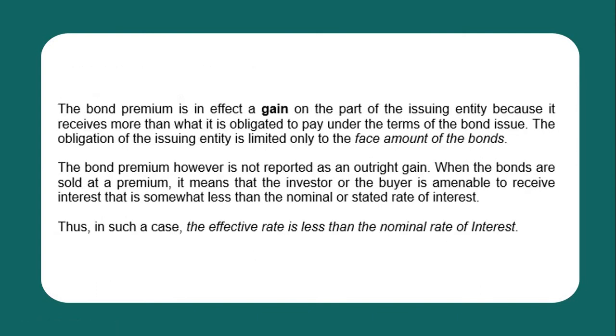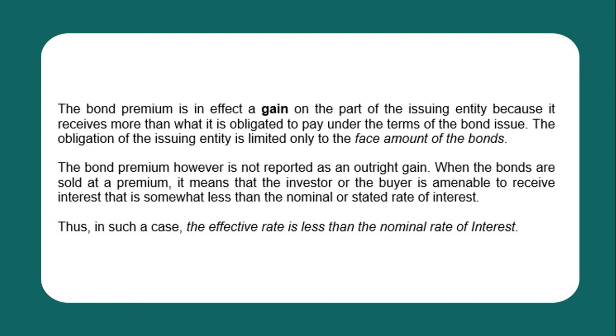Now, what is the nature of the premium? The bond premium is in effect a gain on the part of the issuing entity because it receives more than what it is obligated to pay under the terms of the bond issue. Kaya suppose sabi, ang bond lang man, the value of the bond is 5 million.